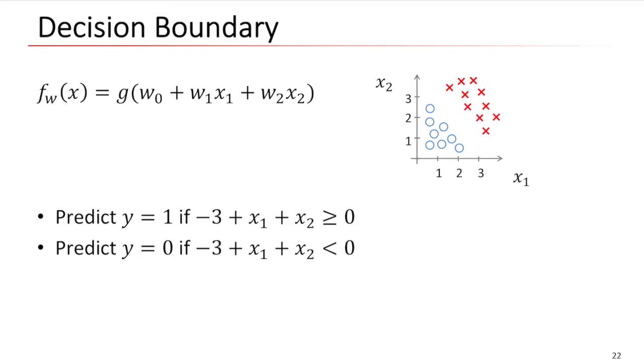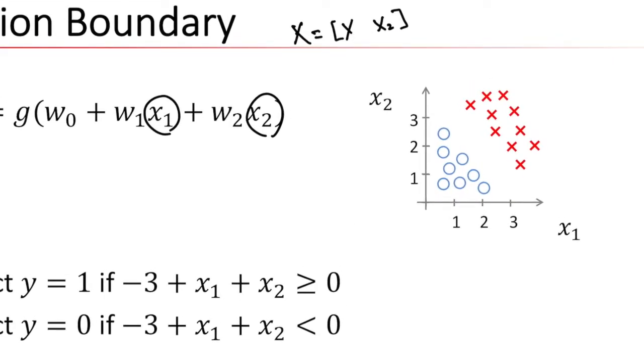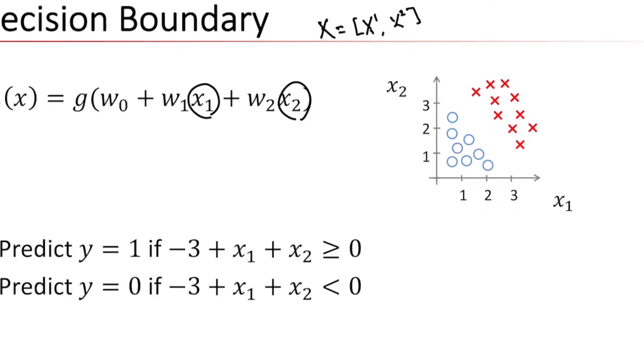Then what is the decision boundary? What is the decision boundary? Okay, let's say we have a sample x1 and x2. How can I represent it? If we use a similar notation to linear regression, we can represent x1, x2 like this.